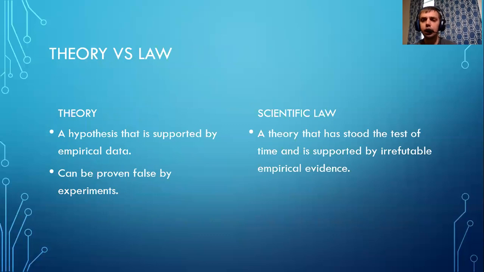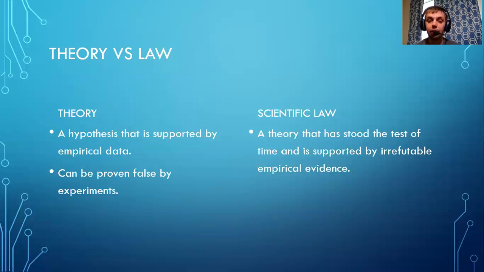So there's also a bit of a discrepancy between what a theory is and what a law is and what people think of theories and laws. A theory is a hypothesis that is supported by empirical data. Empirical data just means data that has numbers to back it up. They've done the experiments, they have the numbers, and it supports it. That's empirical.